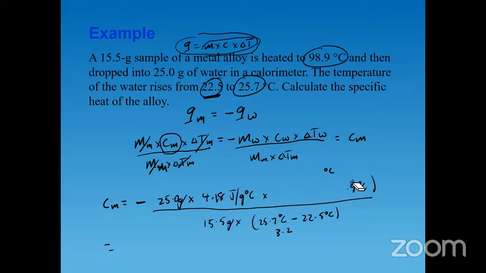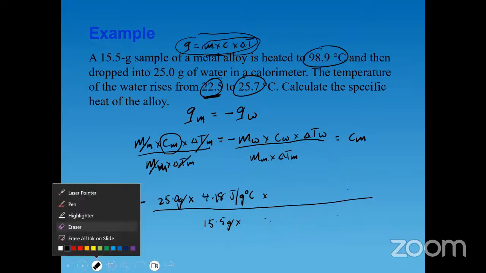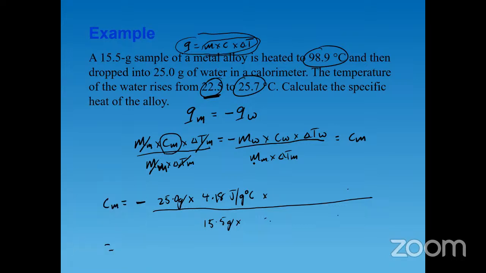Okay, so let me explain what I am doing now. Basically, the change in temperature of the water is what I should have here. That should be 25.7 degrees Celsius minus 22.5 degrees Celsius, all right?